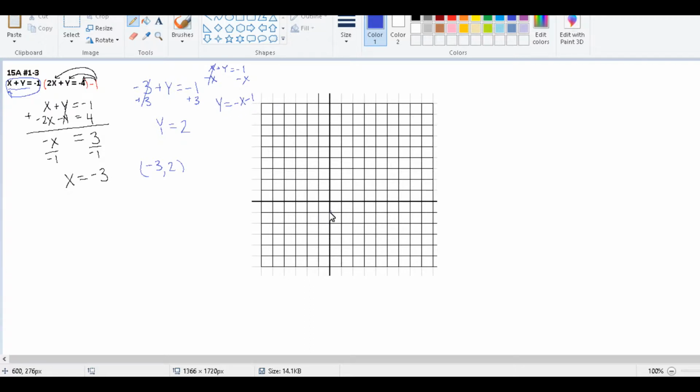So I start at negative 1, and a negative x means I go down and over, or I can go up and backwards, up and backwards. And I get a line through there.